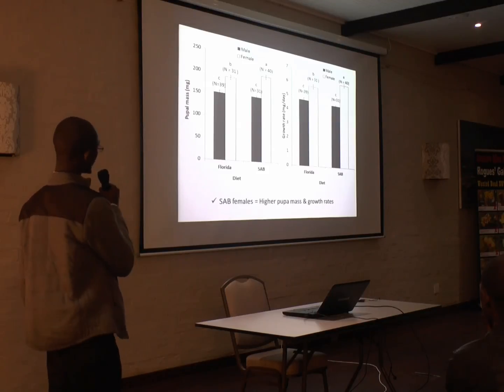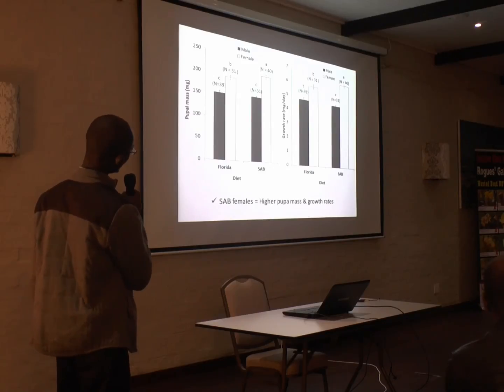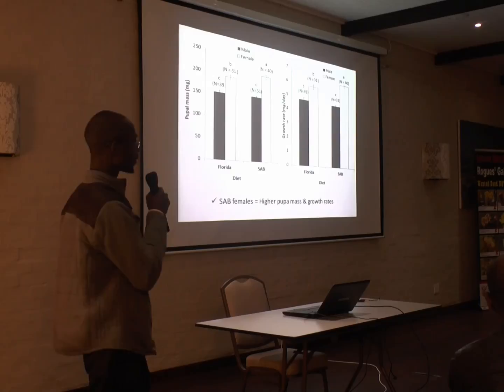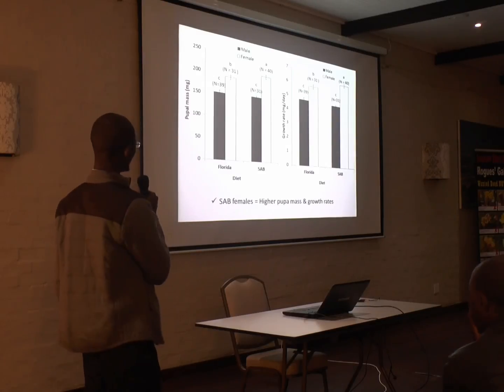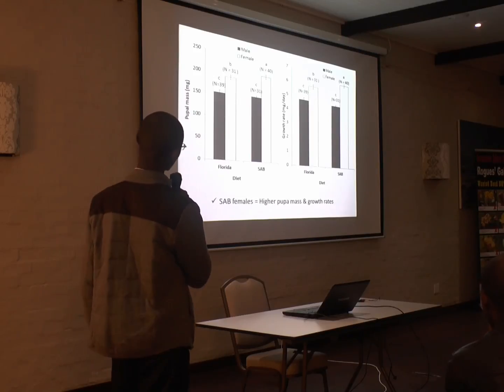We reckon that female pupa mass was heavier on the South African Chromolaena biotype diet. Growth rates also followed a similar trend.